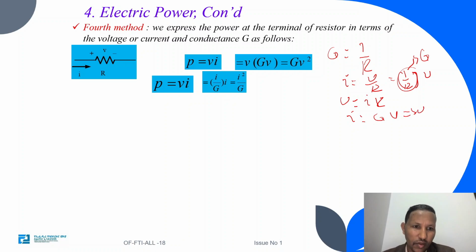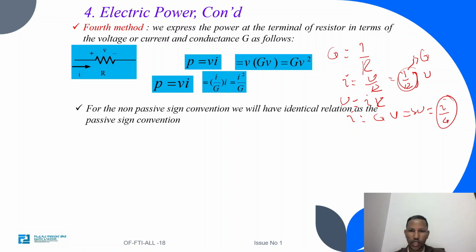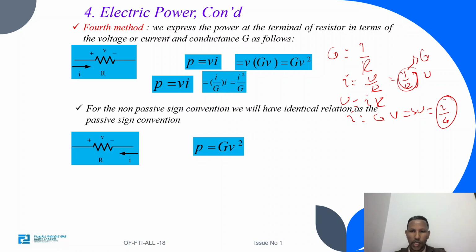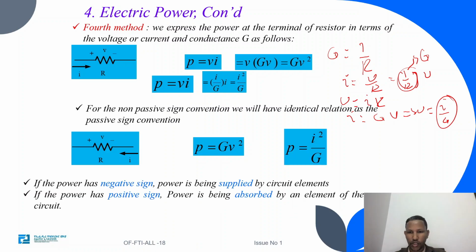From this, voltage can be expressed as I over G. We can substitute the voltage using this expression so that you will have the power, which is current squared over conductance. For the non-passive sign convention, we have an identical relation, so we need to introduce a negative sign so that finally you have a positive expression.